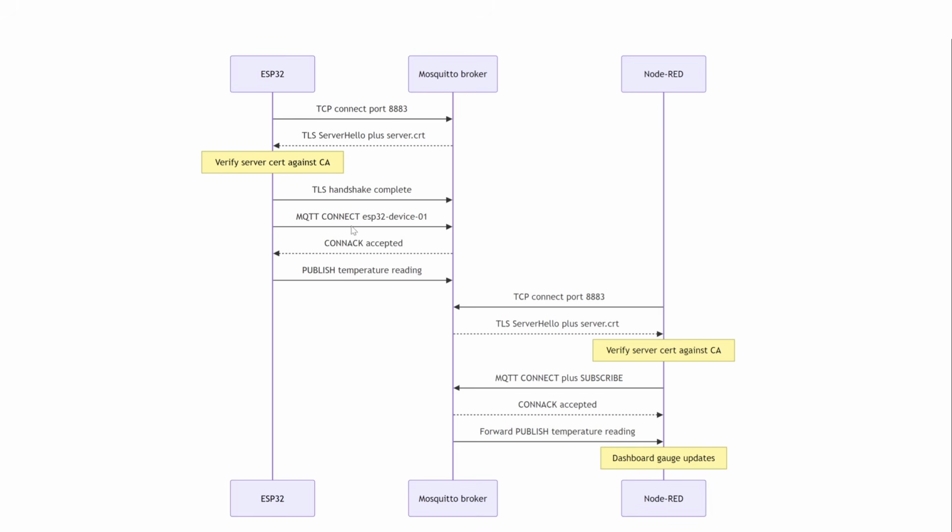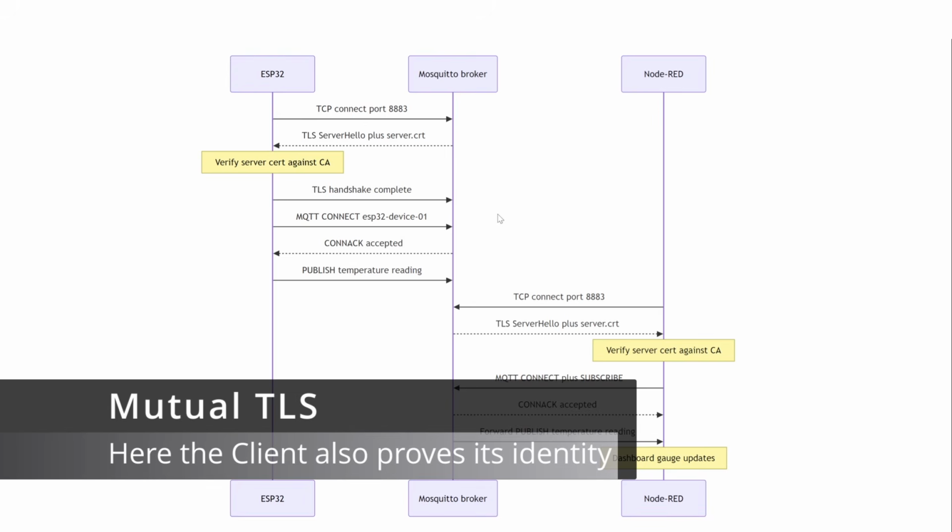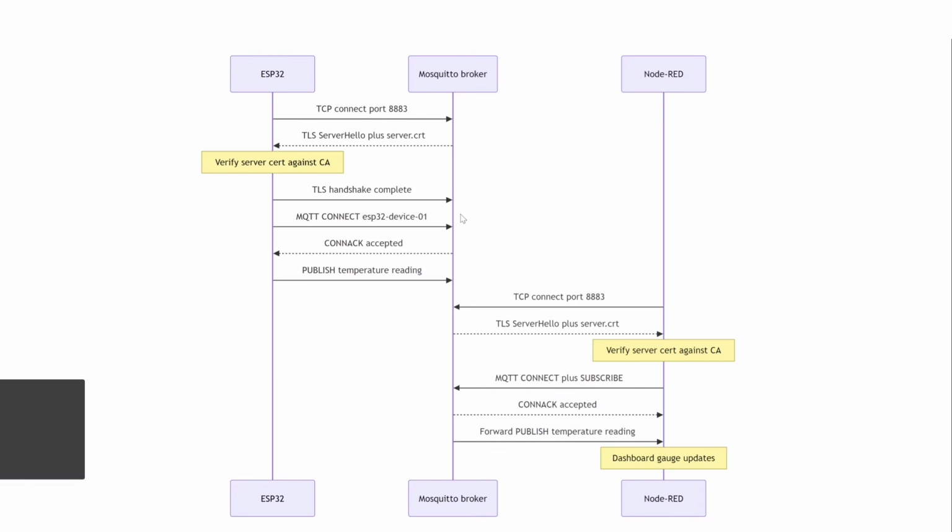What if we also want the Mosquitto broker or server to check the client certificate? We want to avoid any malicious client being connected to our broker or server. To enable that, we need to enable mutual TLS. In the next step we'll do that, so that even the Mosquitto broker will check the certificate of the ESP32.